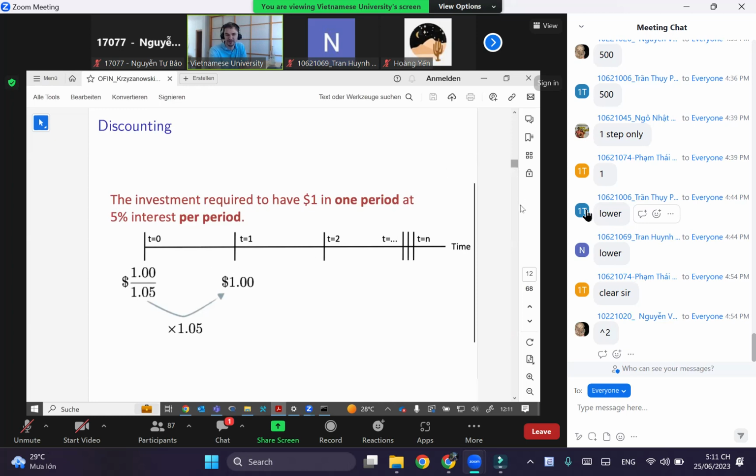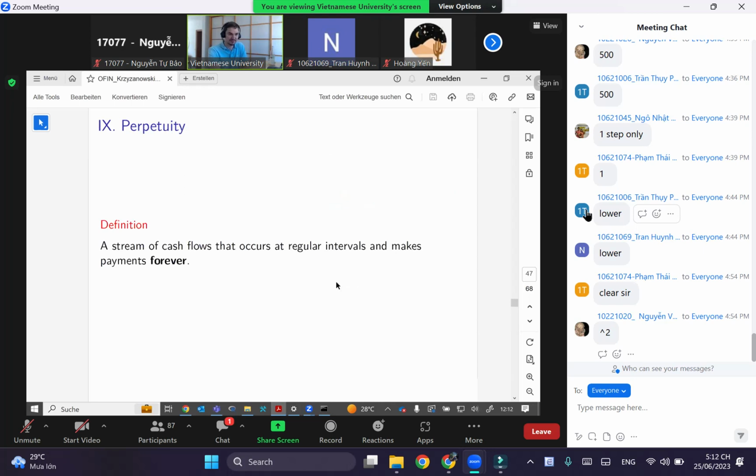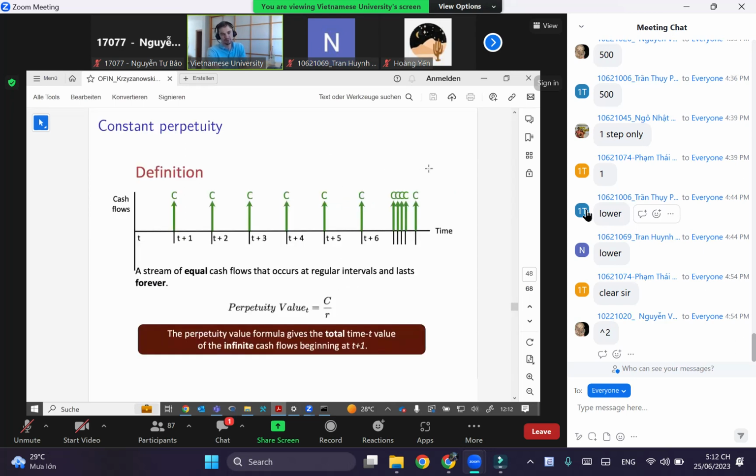So from these very easy examples, or easy as of now, I mean, we're in the learning process, now you're able to calculate the time t value of an infinite cash flow, right? This is quite something.